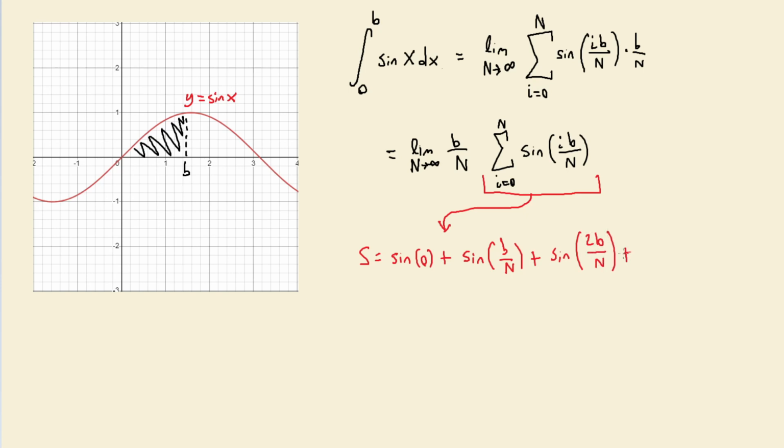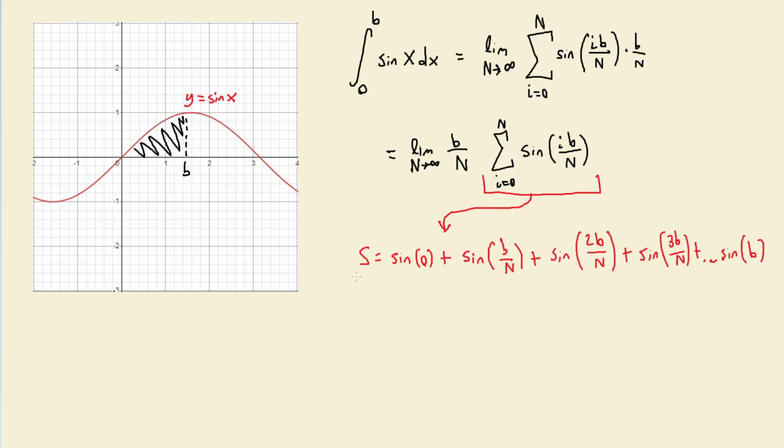And then we can add sine of 3b over n. And this would continue all the way to our last value of sine of nb over n. Well, that's just sine of b. And so this is what our sum looks like written out.